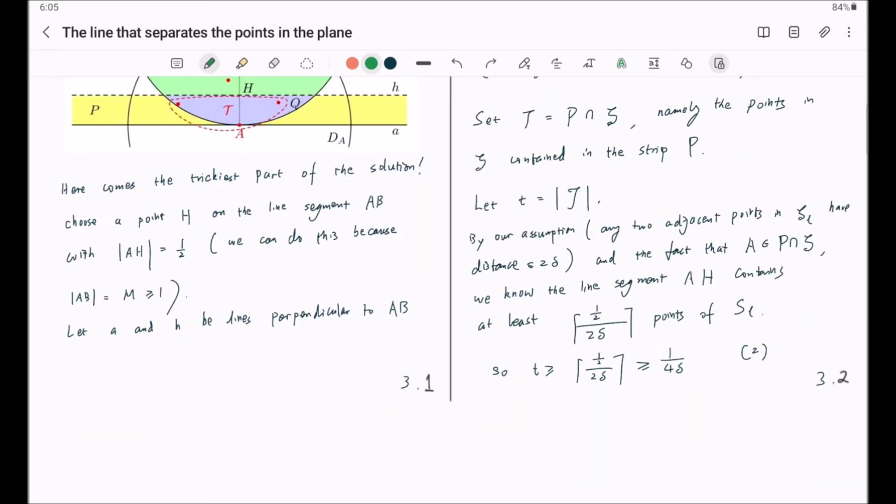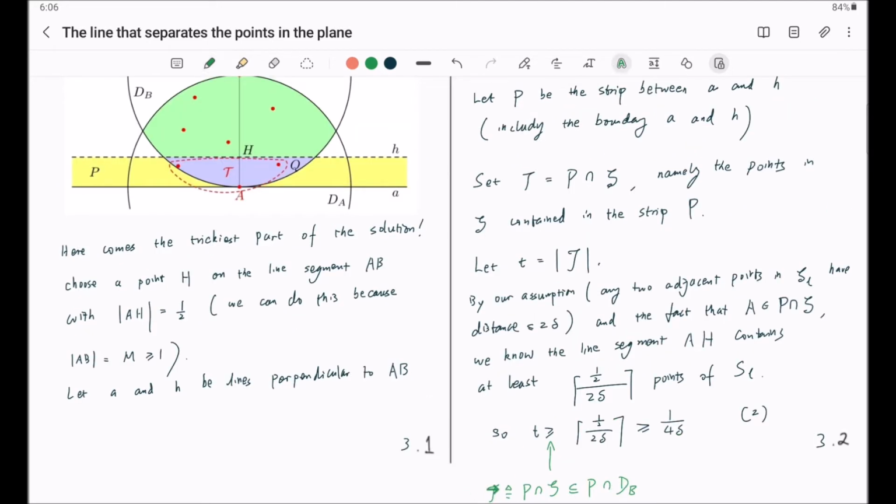Just in case you got confused about this inequality, let me add a comment. This is due to the fact that script T, which is the definition, P intersection S, and remember S is contained in ∂B.